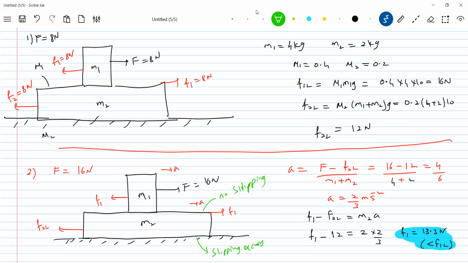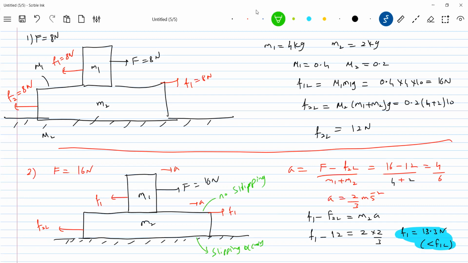But there'll be slipping between the block M2 and the ground. That's why the limiting friction is acting. Okay, let me give some very high value, some 80 Newton, I'll apply it.